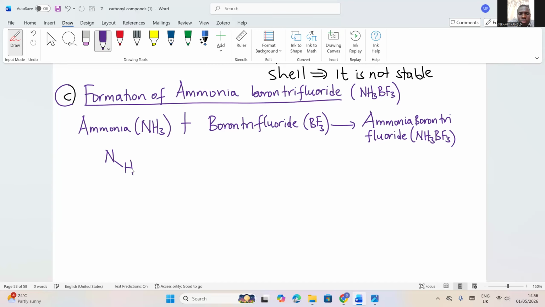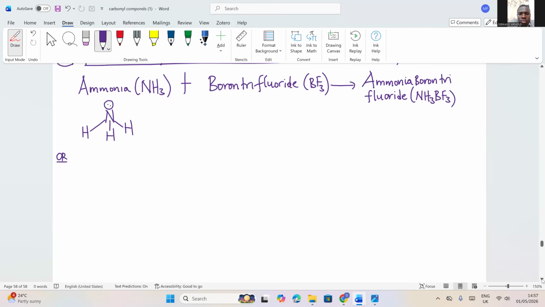We have seen this at school. Alternatively, one can also say that ammonia has this structure. So we have nitrogen. Nitrogen with how many electrons in the outermost shell?